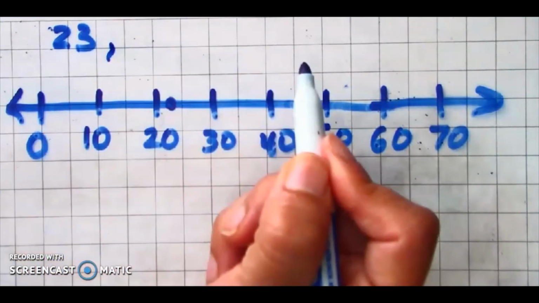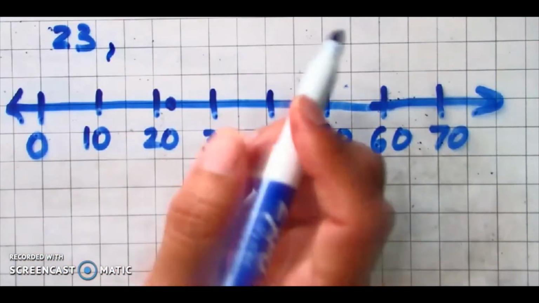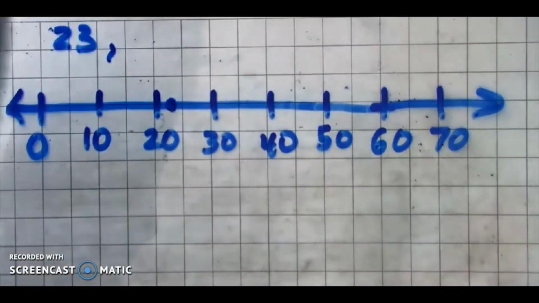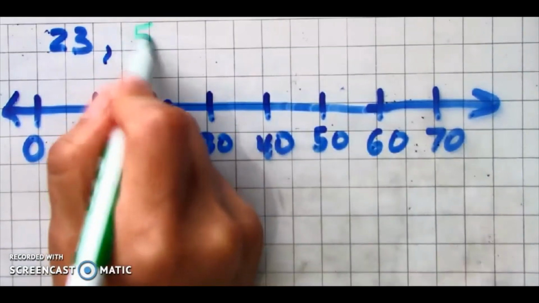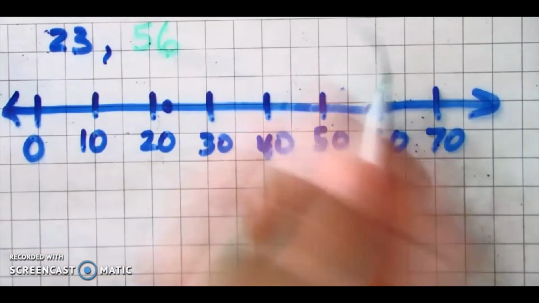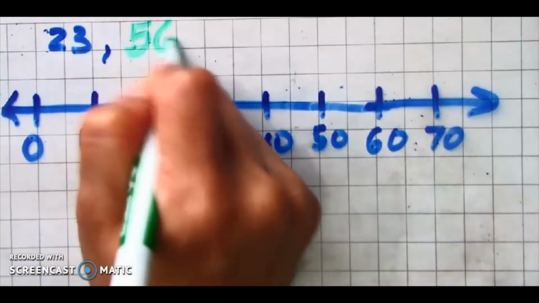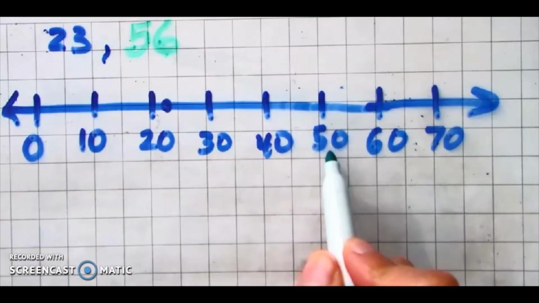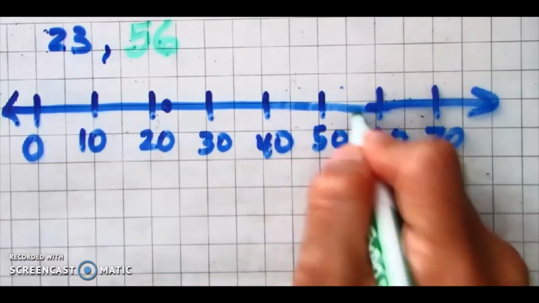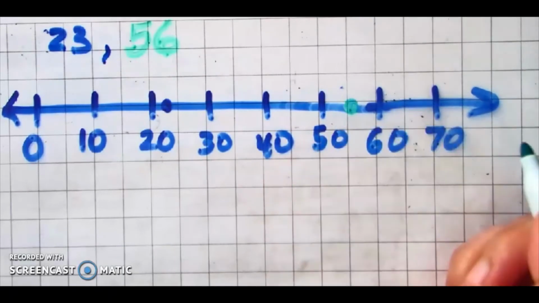Let's say I wanted to plot the number 56. I would come to the number line, and I know 56 is between 50 and 60, so I would estimate it to be around there.